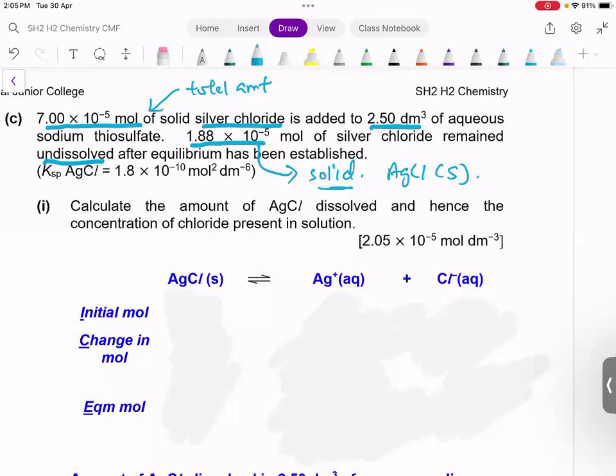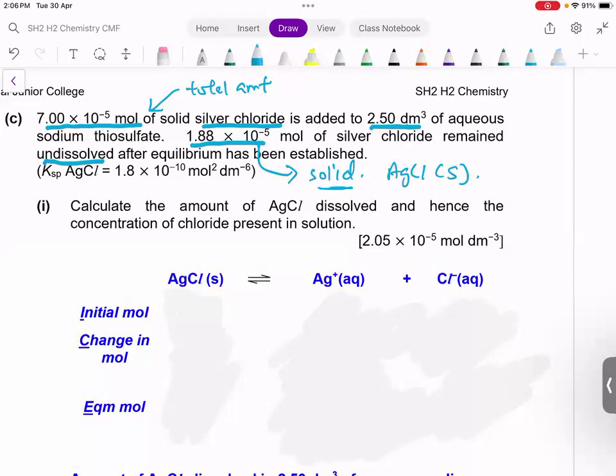Then I discover that the solid is 1.88 times 10 minus 5 undissolved. So how do I make use of this information to calculate the amount of silver chloride dissolved? Can I do that? Just take the difference. So from taking the difference, you will be able to calculate the amount of silver chloride dissolved.